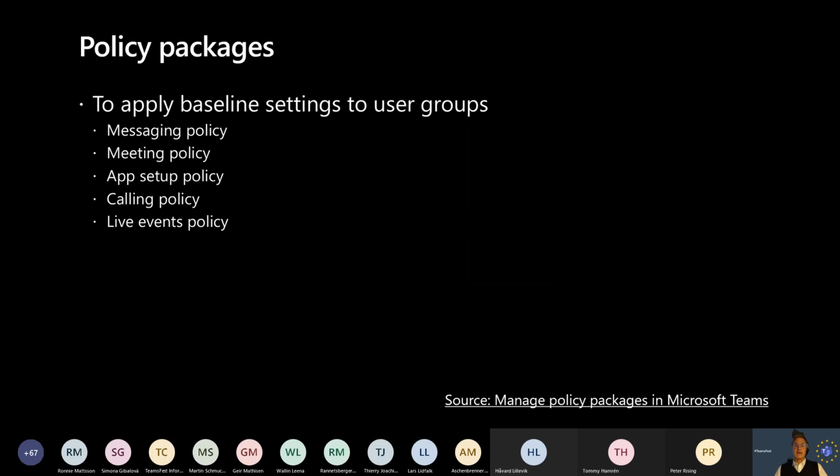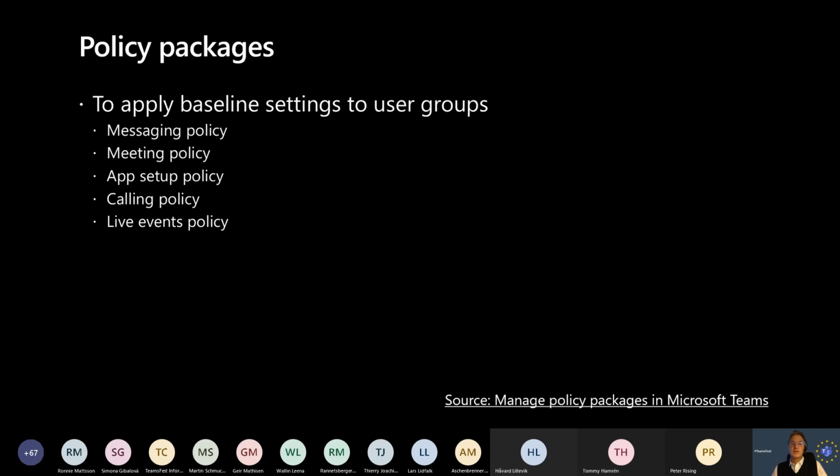So what are policy packages? A policy package in Microsoft Teams is a collection of predefined policies and policy settings that you can assign to users who have similar roles in your organization. You use them to simplify, streamline, and help provide consistency when managing policies for groups of users across your organization.